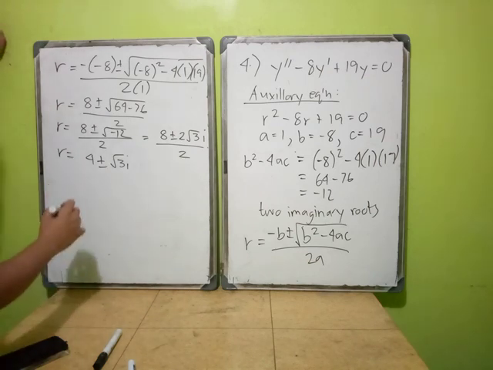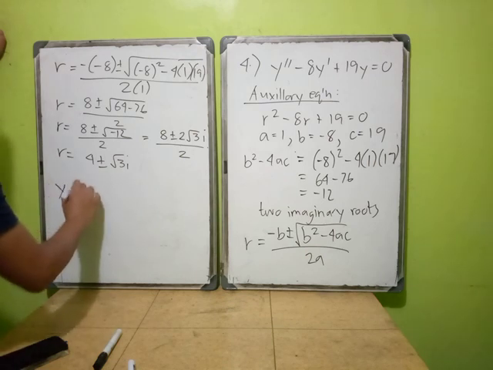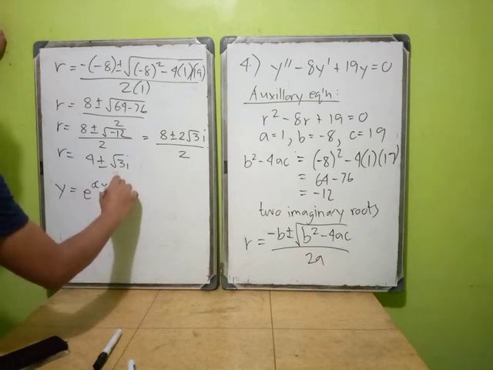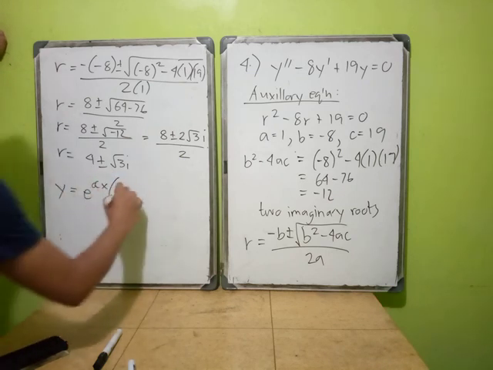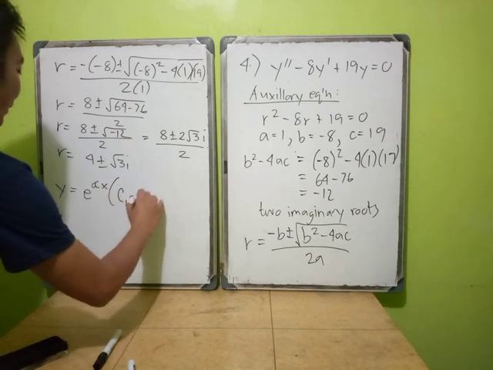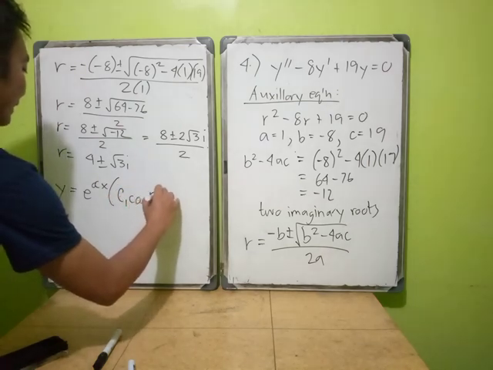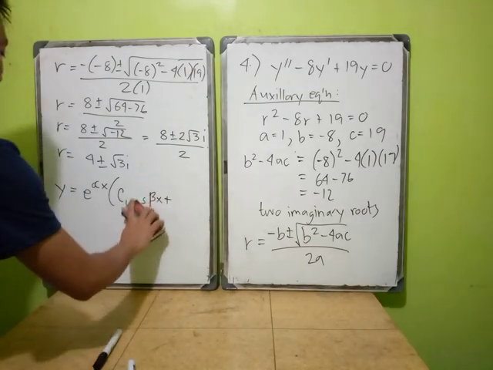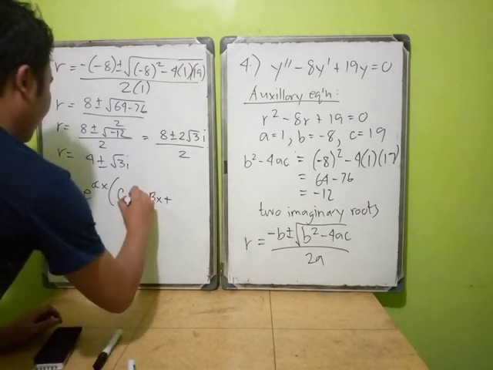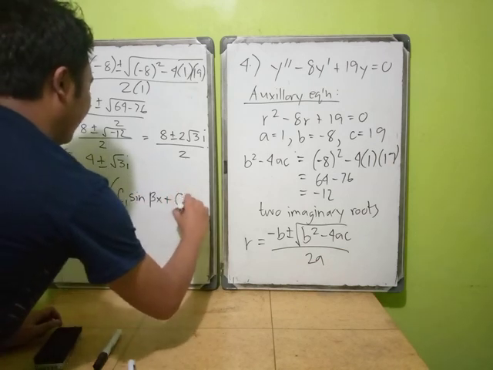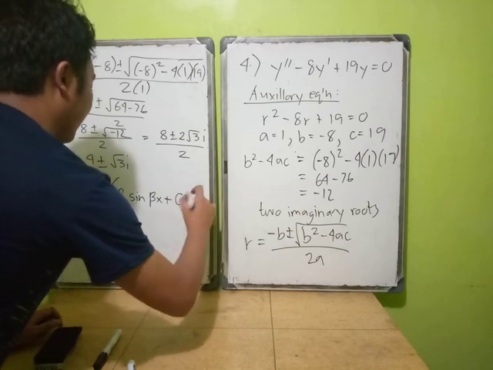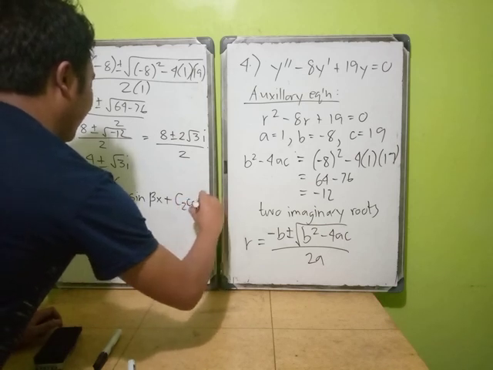The solution will be in the form y is equal to e to the power of alpha x times c1 sine beta x plus c2 cosine beta x.